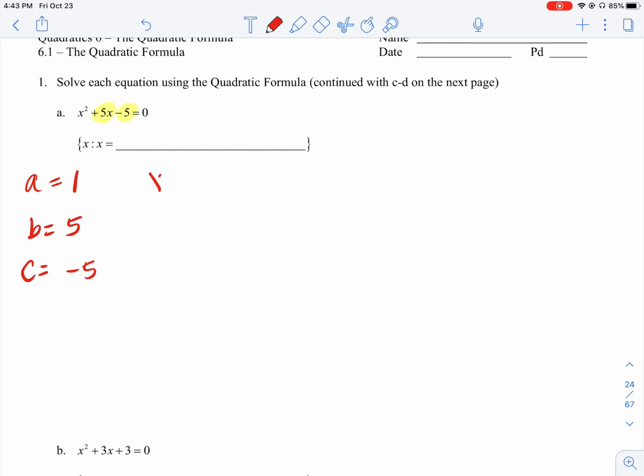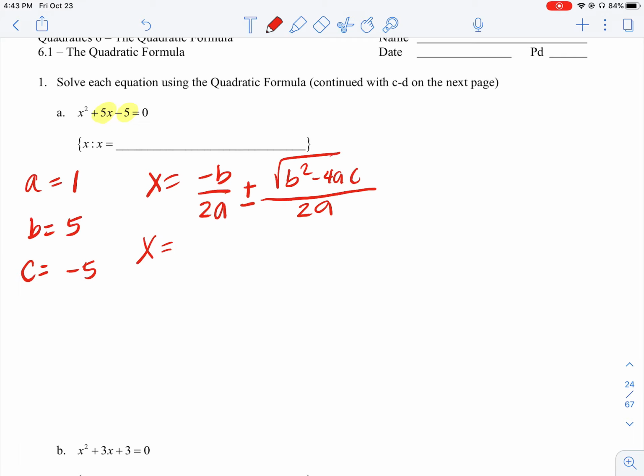And then my formula is x equals negative b over 2a plus and minus the square root of b squared minus 4ac all over 2a. So every time I see a B, I'll change that into a 5. Every time I see an A, I'll change that to 1. And every time I see a C, I'll change that to negative 5.